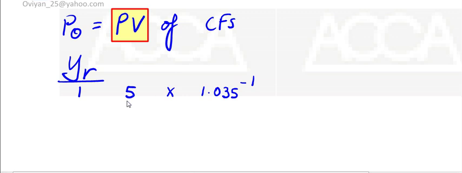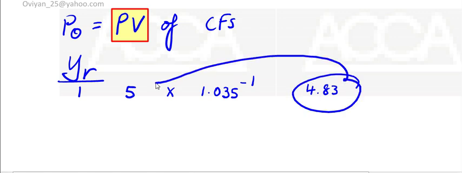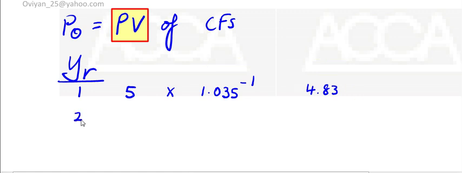I want to get $5 in year 1, and I know they're giving me 3.5%. Then that means I must invest how much today? I must invest $4.83. Makes sense? So this is the price to get this. You follow? That's it.